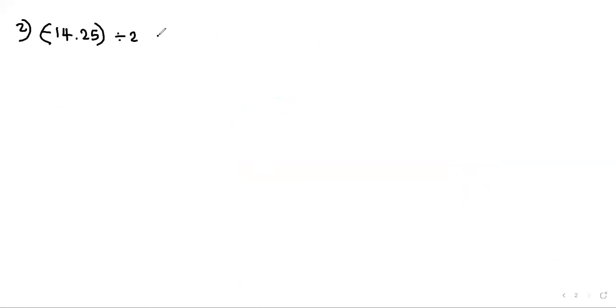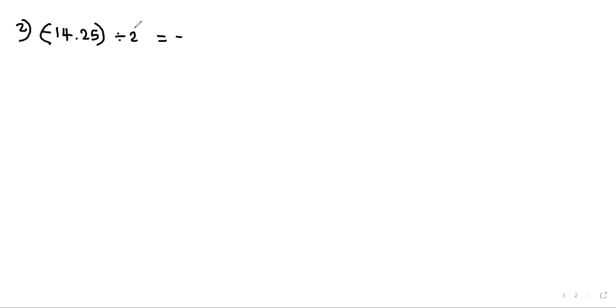Now, since we have a negative divided by a positive, will our answer be negative or will it be positive? Negative. Negative, very good. Our answer will be negative.